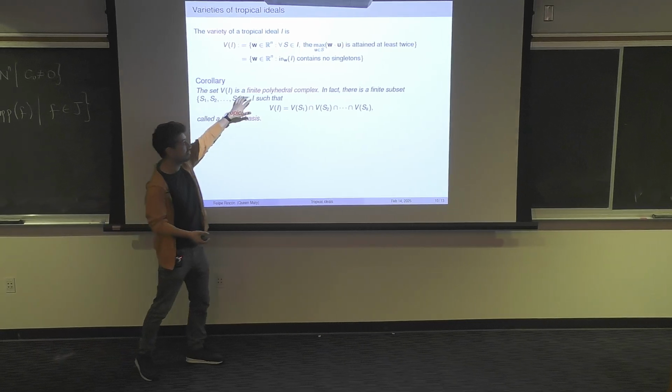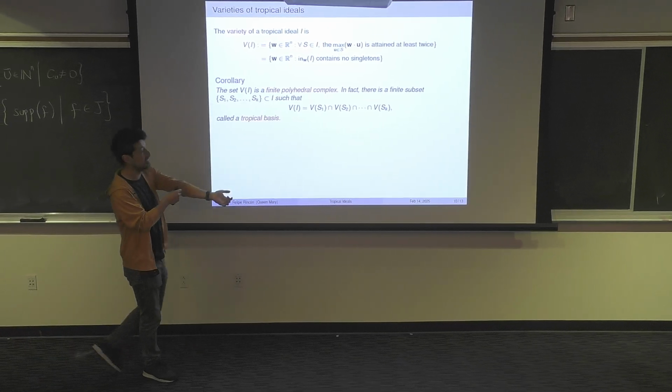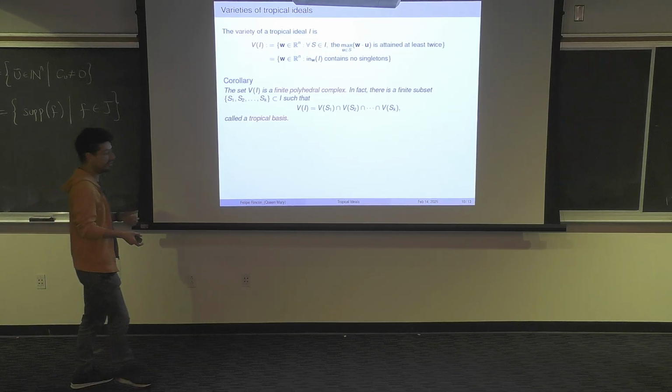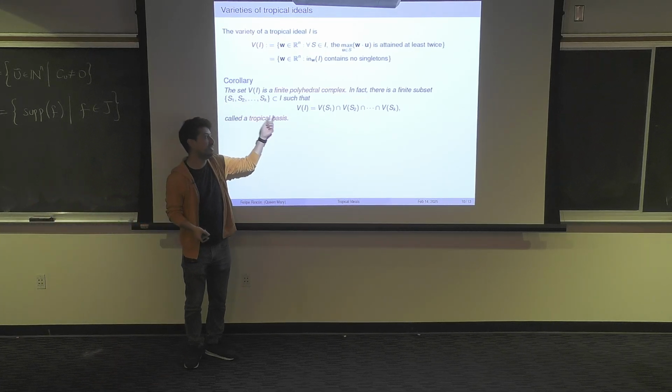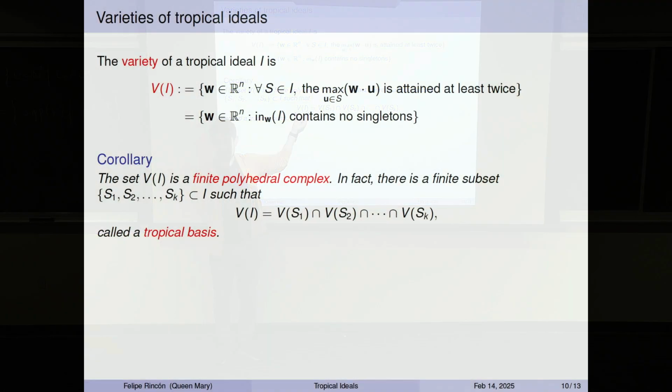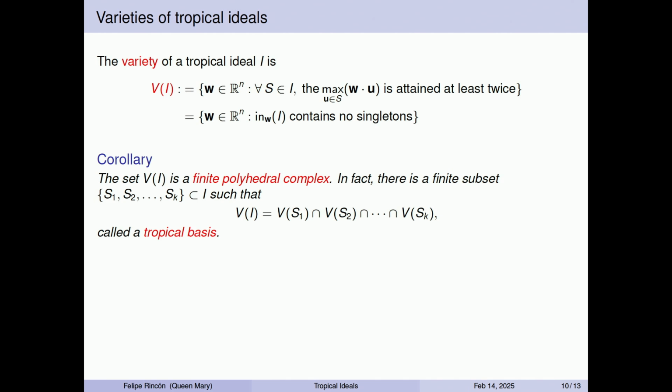So to have a finite variety, you really need matroids to be underlying your subsets. In fact, if you look at the proof, what you're actually saying is that the variety of the ideal is cut out by finitely many subsets, so finitely many conditions, like in the first example that we did, where the generator was enough to cut out the whole variety. In general, you're going to have finitely many subsets that determine the variety, not the ideal, the variety, and we call that a tropical basis.